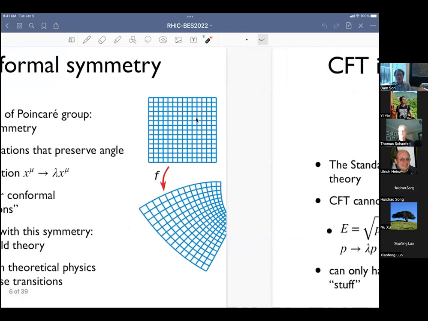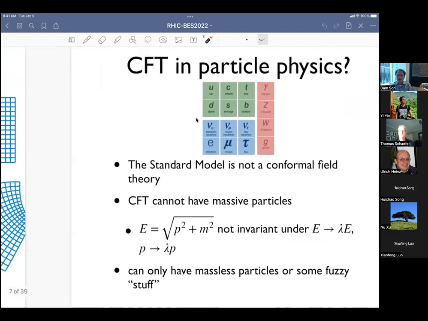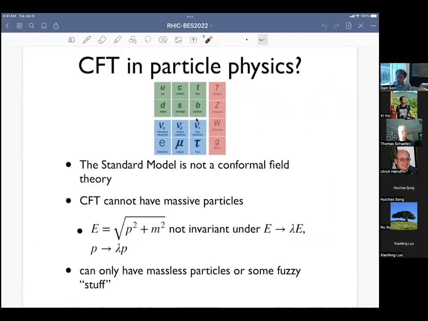One can ask the following question: whether this conformal symmetry is a symmetry in particle physics, like the symmetry of the standard model, and one can conclude right away that this is not a symmetry in the standard model by using a very simple argument. Consider a particle with mass m. Its energy depends on the momentum as E equals square root of p squared plus m squared.